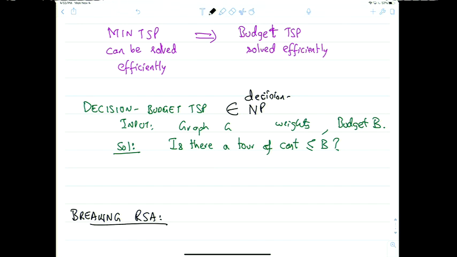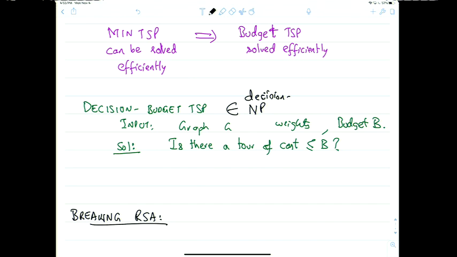Right. So okay. The question is, how do you verify the answer to decision and decision budget TSP? Okay. So I'm going to say something, but you don't have to follow it, because we won't be using this definition of NP.